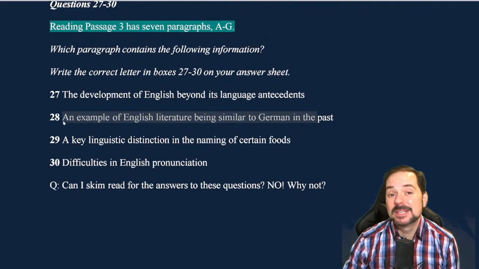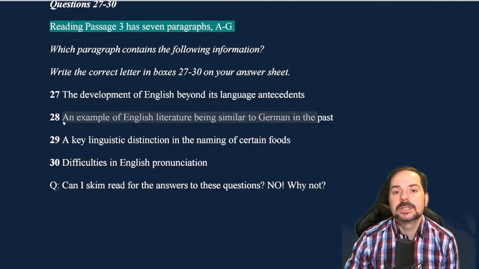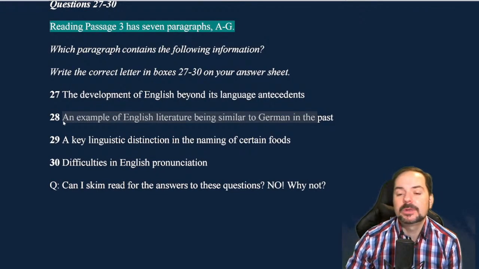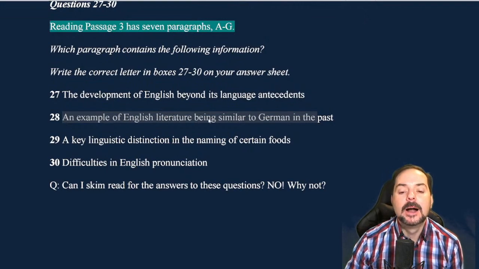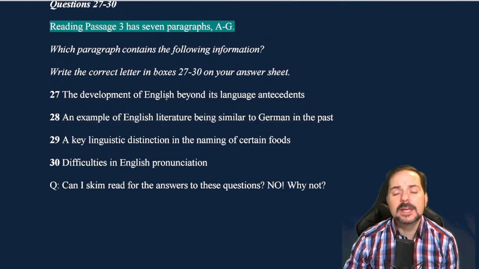And oftentimes that's actually what happens because the IELTS examiners don't want you to skim read, and don't want you to scam either, but scan. So that's one reason.